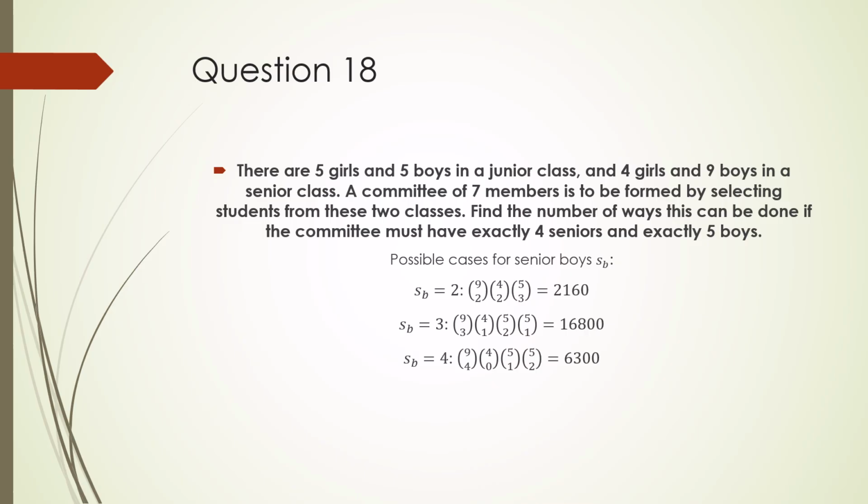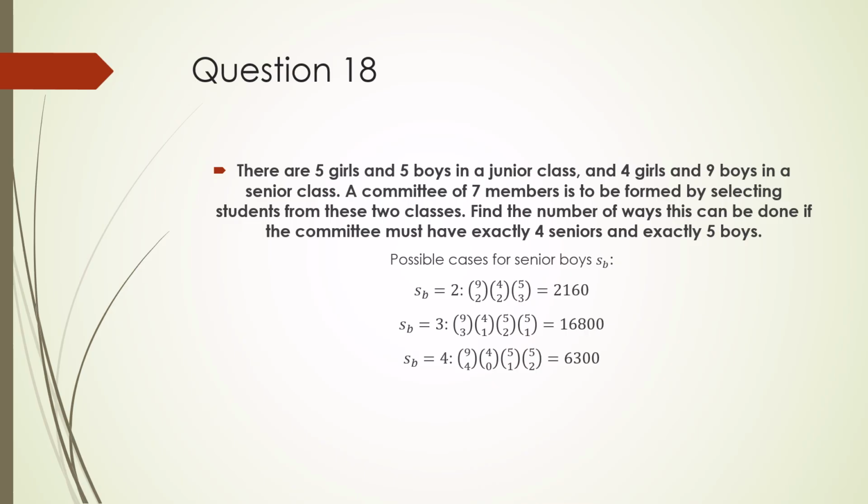And so the total number of ways would be 84 times 4 times 10 times 5, which is 16,800.